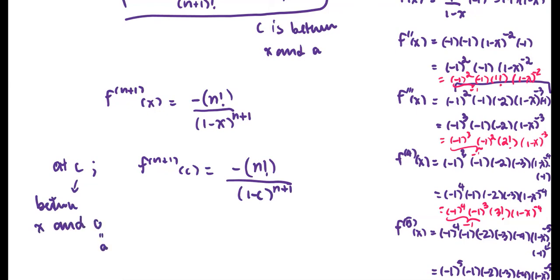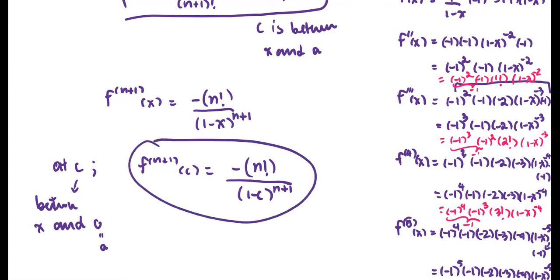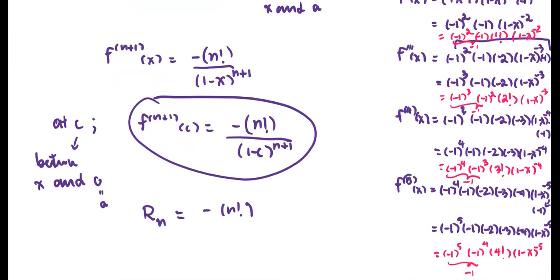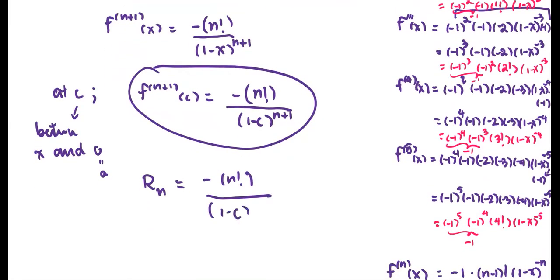Now we're going to replace the f n plus 1 at c into the Rn formula. So the Rn, or the remainder term, is the f n plus 1 at c, which is negative n factorial divided by 1 minus c to the power n plus 1, divided by n plus 1 factorial, which is the same as multiplied by the reciprocal, and also multiplied by x minus a, which is x minus 0, to the power n plus 1.